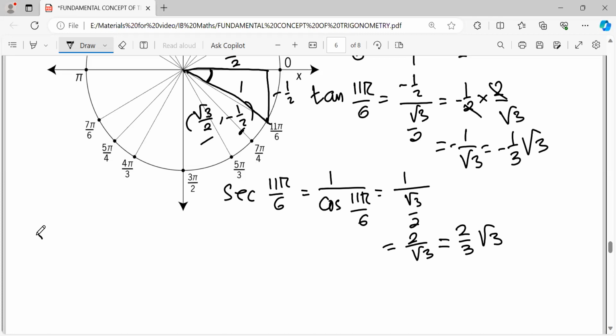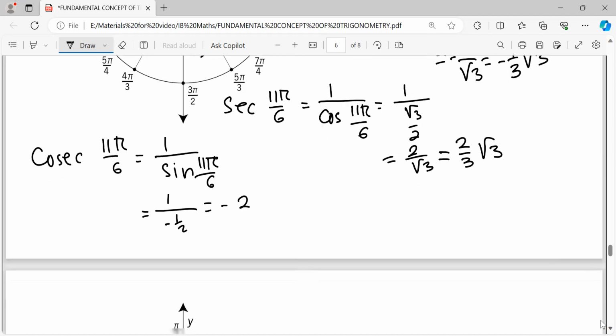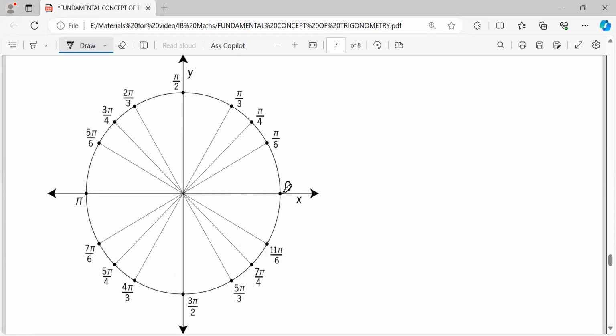Then cosecant 11 pi over 6 equals 1 over sine 11 pi over 6, which becomes 1 over negative half, equals negative 2. Next, 2 pi.